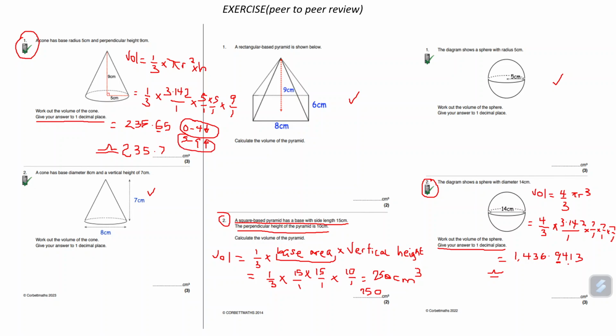In this case, the next available number is 4. It's not up to 5, so you round down. At the end of the day, your answer becomes 1,436.9 centimeter cube.